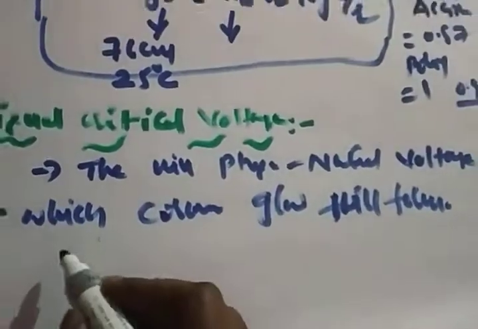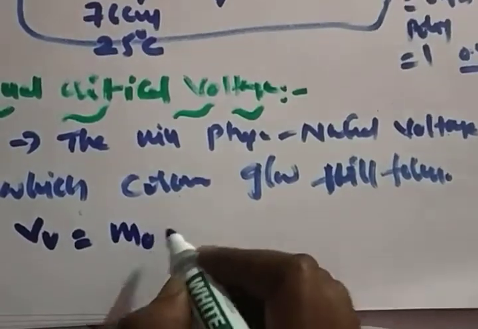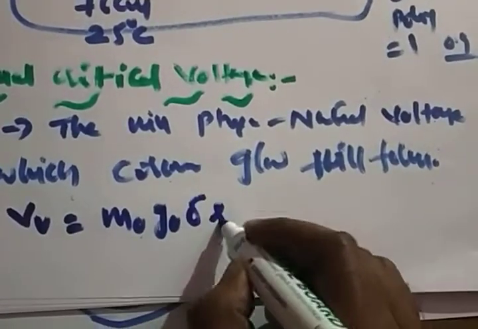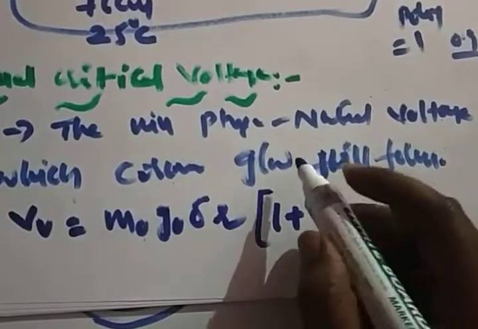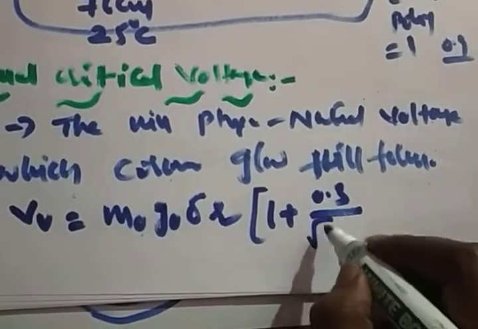So the visual critical voltage formula is m naught g naught delta r, and we can treat it as 1 plus 0.3 by square root of delta r.